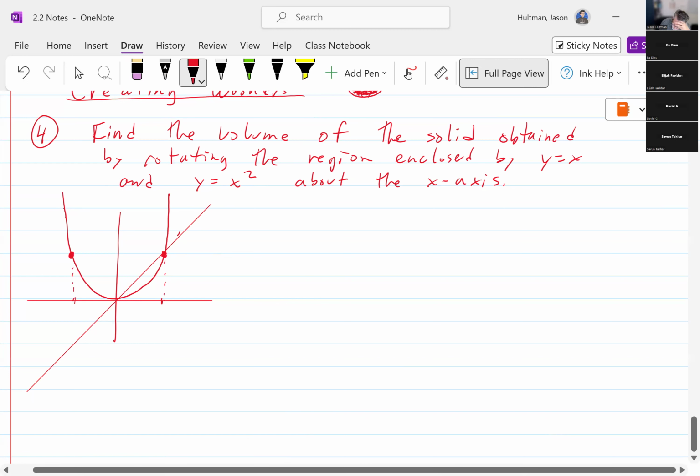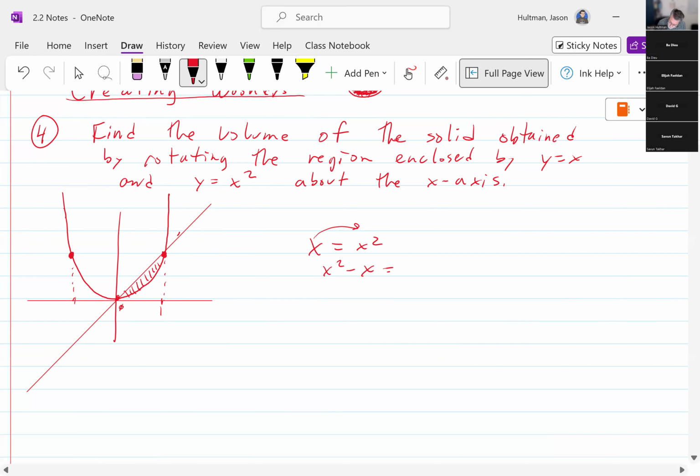Now where are they intersecting? Well, looks like they're intersecting at 0 and 1. We could prove this by saying, where is x equal to x squared? We could toss x to the other side. We get x squared minus x is equal to 0.